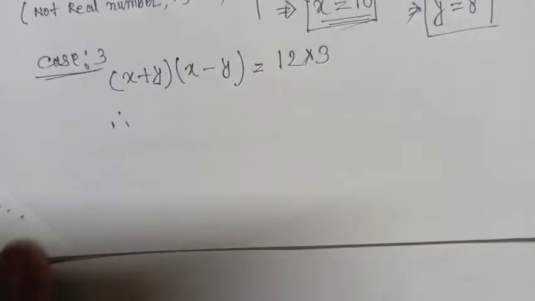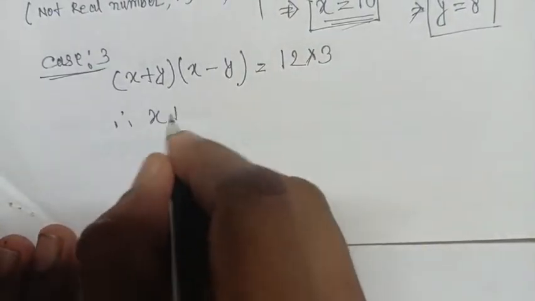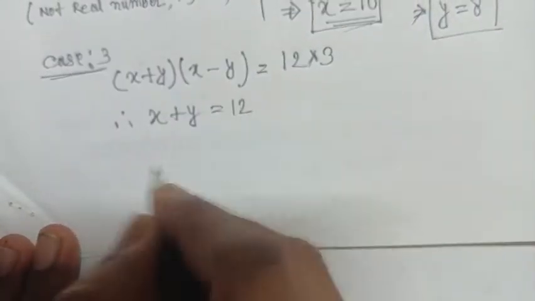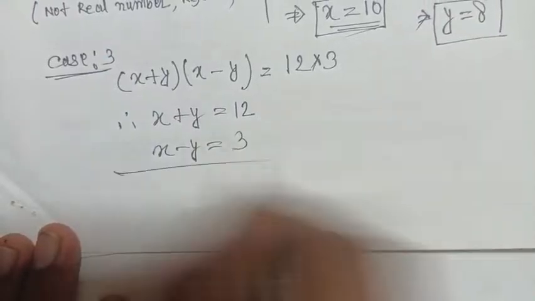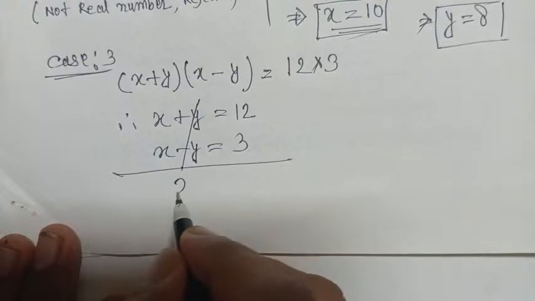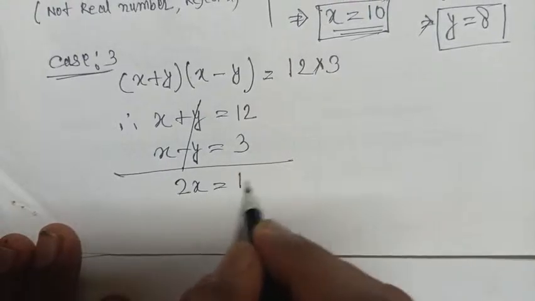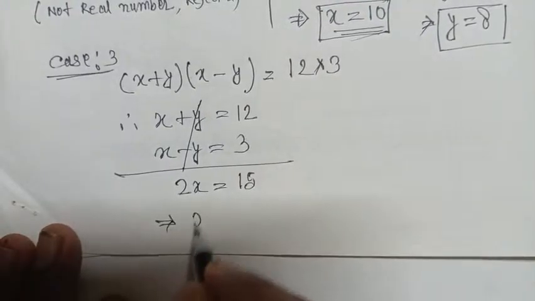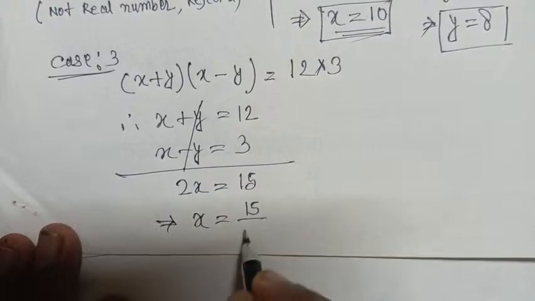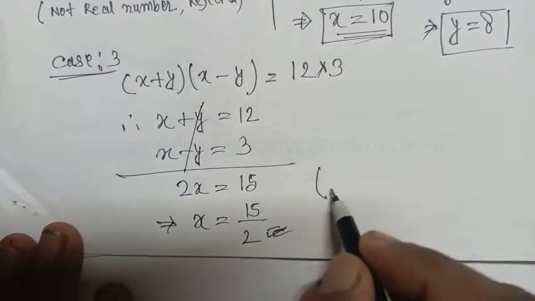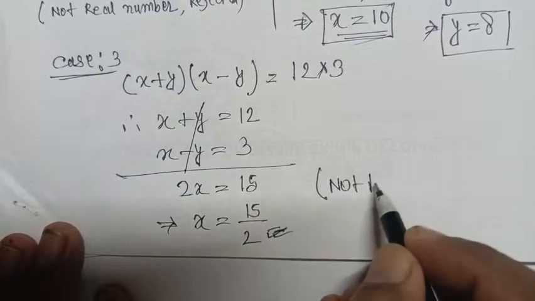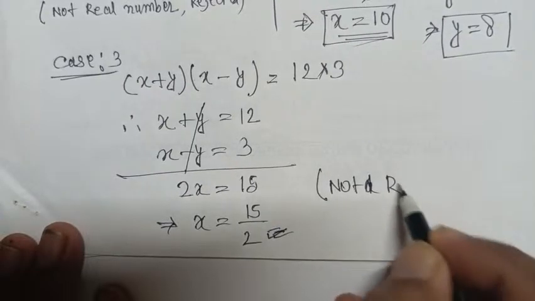Now if we compare both sides, then x plus y should be 12 and x minus y should be 3. If we add, y will cancel out. We get 2x is equal to 15. Therefore x is equal to 15 by 2. Now this is a fractional number. This is not a real number.